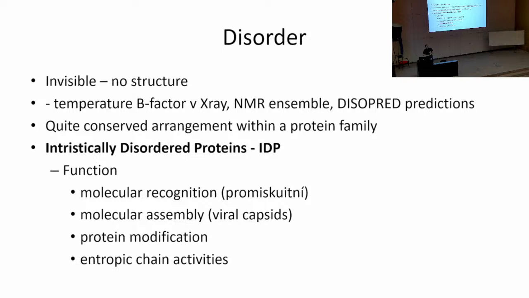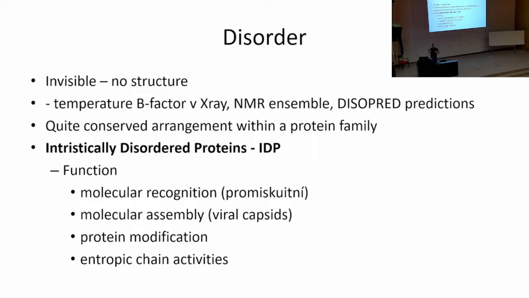Okay. We can get the knowledge about which parts are more unstructured from the temperature factors, for instance, from the crystal. And typically, when you have the temperature factor of the protein, the binding site of the protein is really cold. It's really not moving, while the surface of the protein is typically more movable.